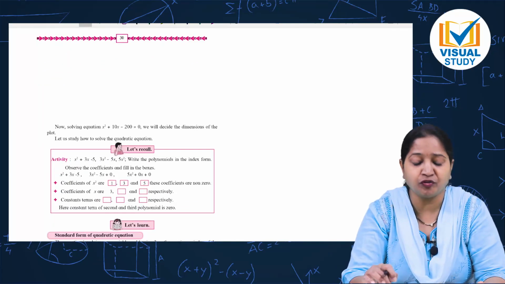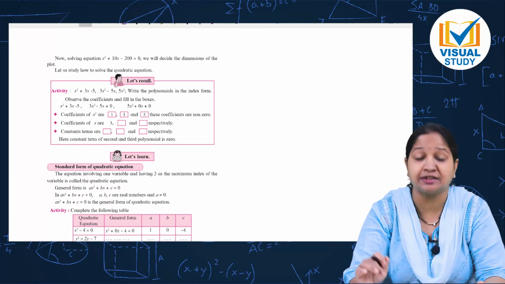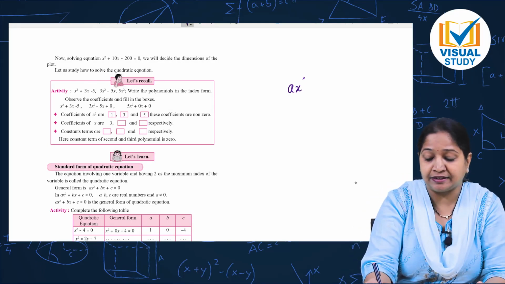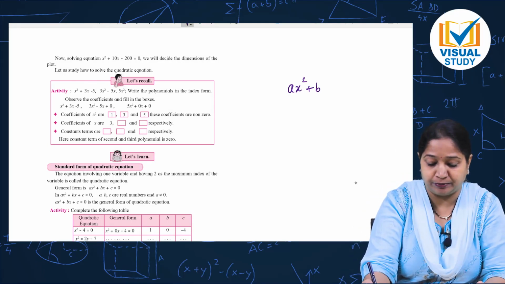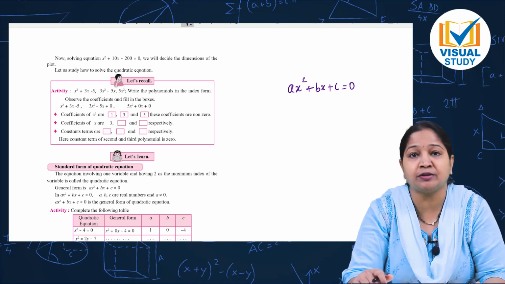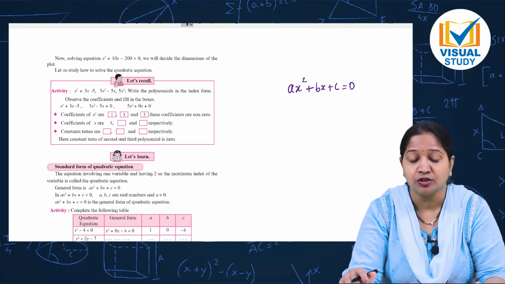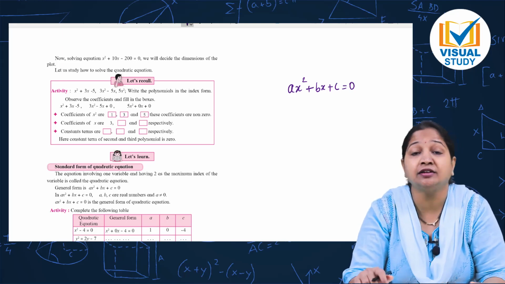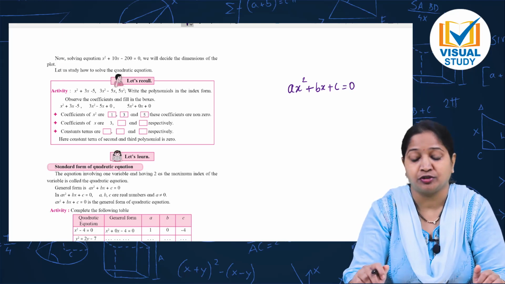Now, what is the standard form of quadratic polynomial? The standard form of quadratic polynomial is ax square plus bx plus c equal to 0, where a, b and c are real numbers. And here, a should not be equal to 0. Why?